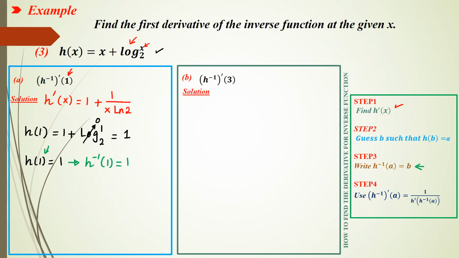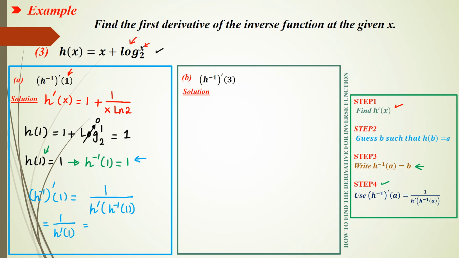And finally, you have to use step 4 to find the derivative of the inverse function at the given x. So h inverse prime of 1 equals 1 over h prime of h inverse of 1, and h inverse of 1 equals 1, so this equals 1 over h prime of 1.